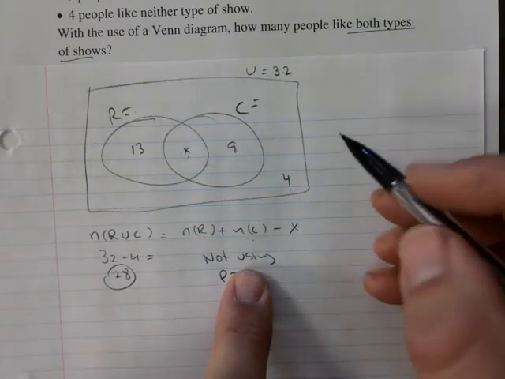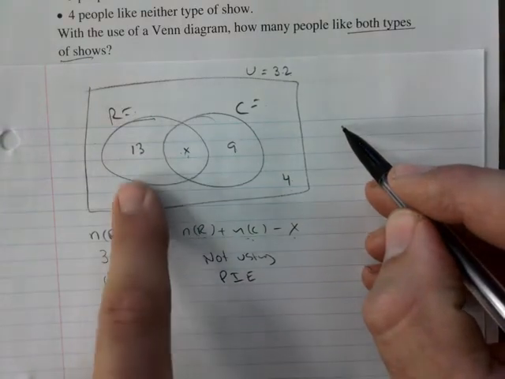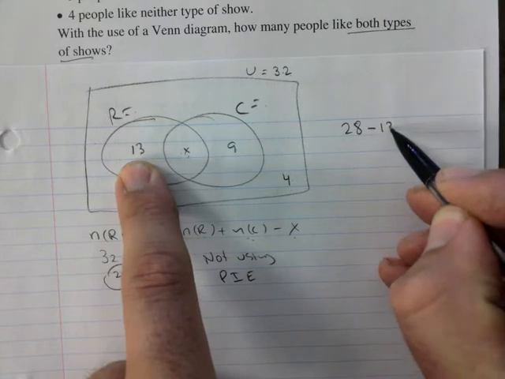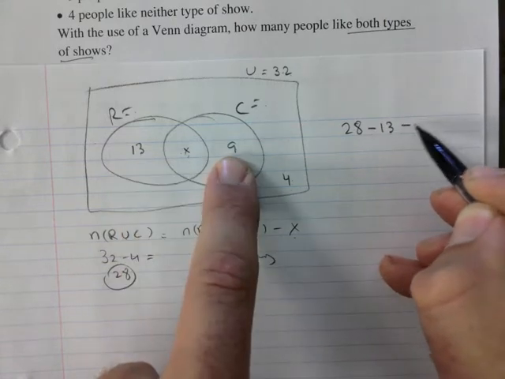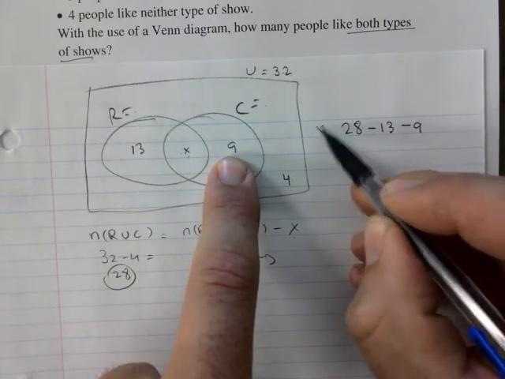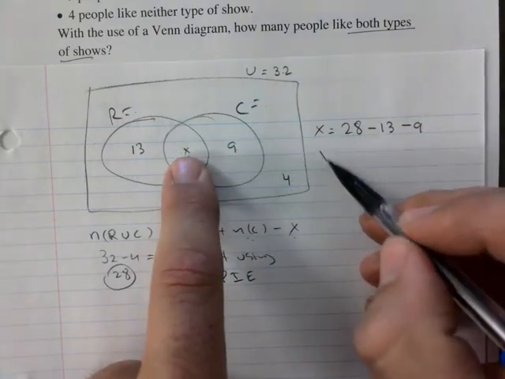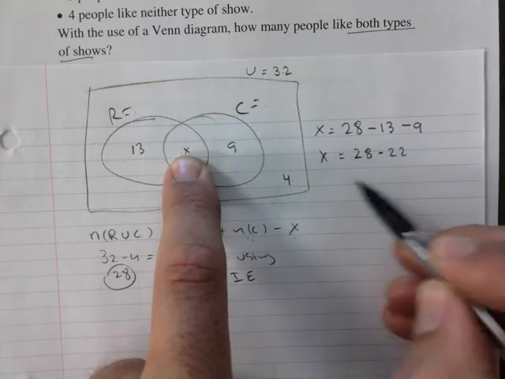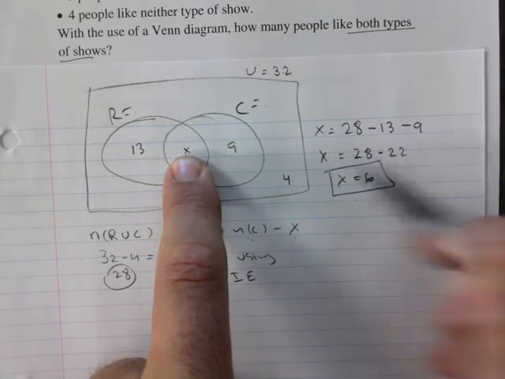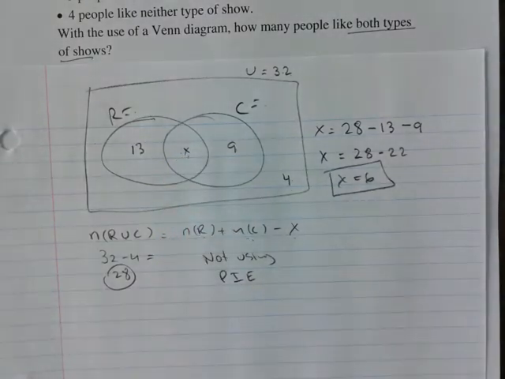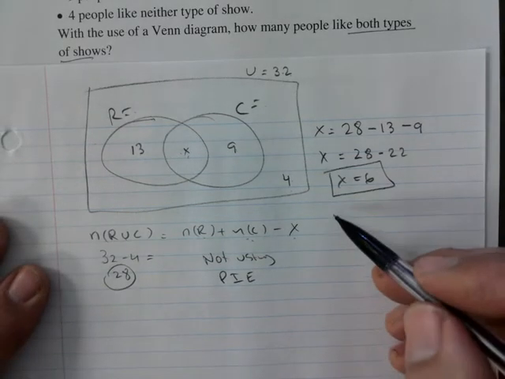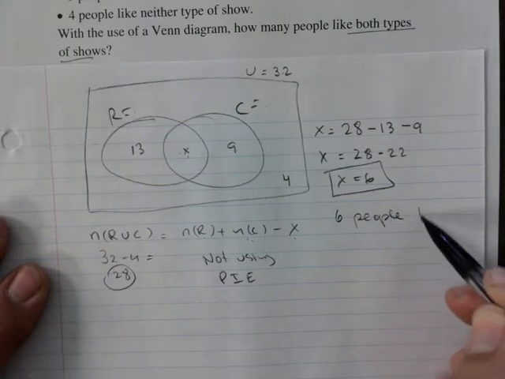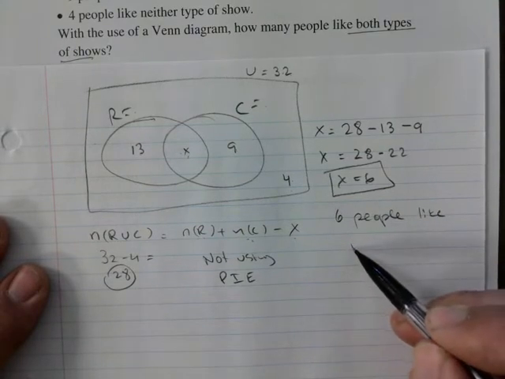So on the side, I'm going to take my 28, which is all of these, and subtract the 13 from it, and subtract the 9 from it, and that will give me that centerpiece. So that's 28 minus 22, so x is equal to 6. So 6 people like both.